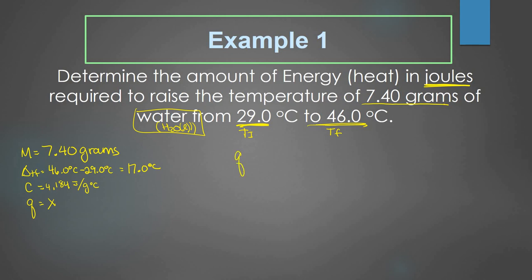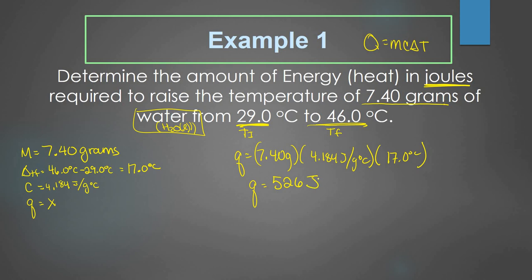We're going to plug everything into our equation, which, remember, is Q equals MCΔT. Q, we don't know. We know it's going to be found in joules, but that's all we know. We plug in Q equals M, we know our M, we know our C, and we know our delta T. We calculate it out and we get 526 joules.